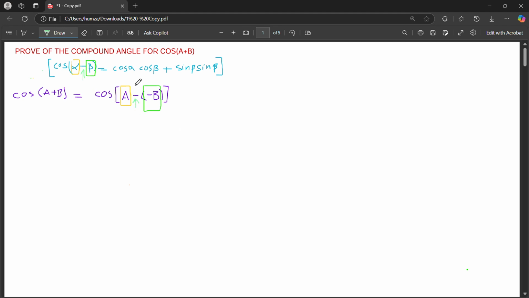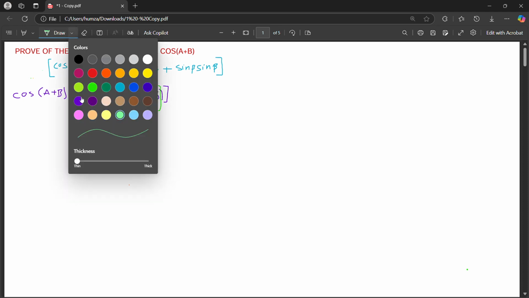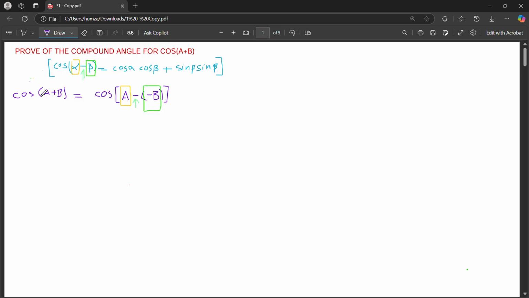Now we can use the same rule, cos plus sin, and then we can use the angles in the bracket and rewrite it. So this is equal to, let's expand this using the rule. So cos and sin, right? This is the first step we do.